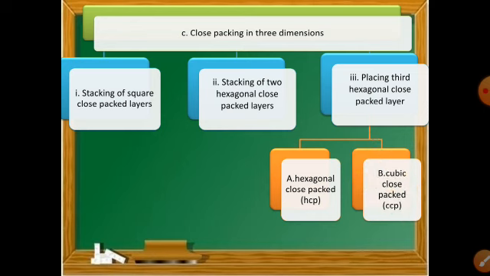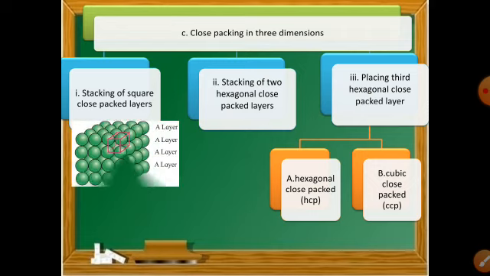Now let's see the first one, that is the stacking of square close pack layers. Here we have already seen this in 2 dimensions. In the same way, if we take a first layer of AAA type, then on that we take again a second layer of AA type, again a third layer, a fourth layer of AA type.